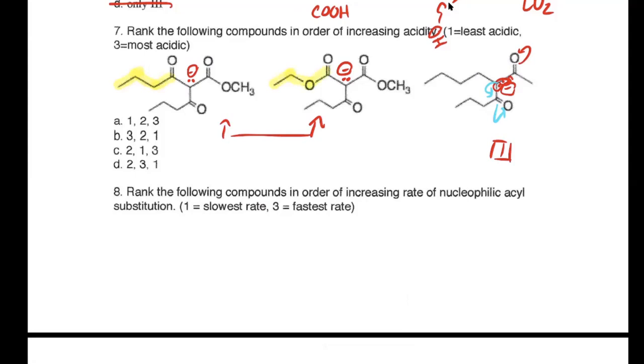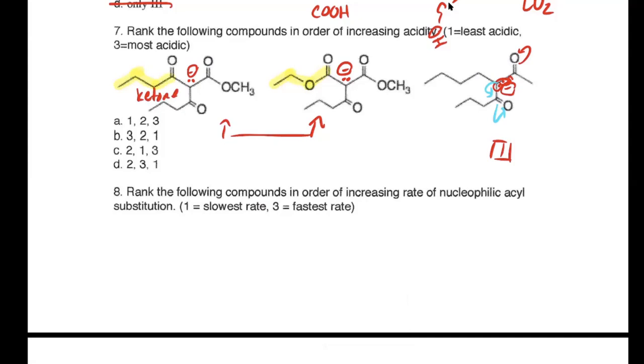The difference is that the one in the middle has this ester to the left of that carbonyl, while the one on the left just has a straight alkene chain. So it's basically like you have a ketone here, and an ester on the other side, on the other one.